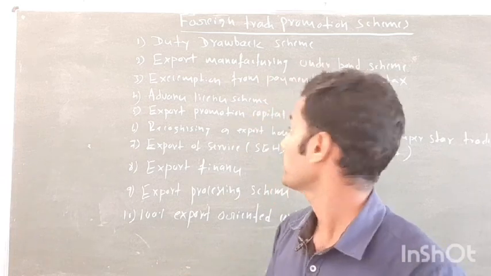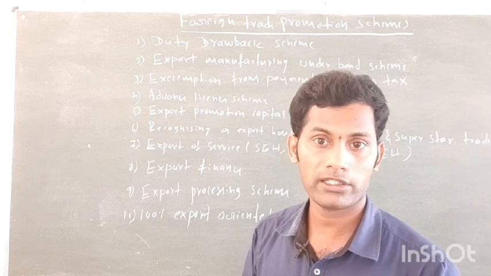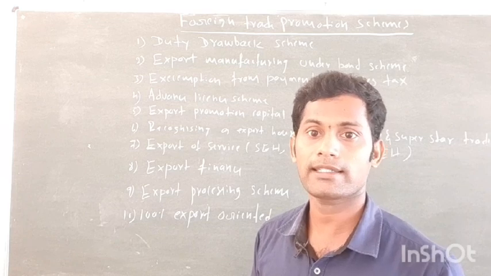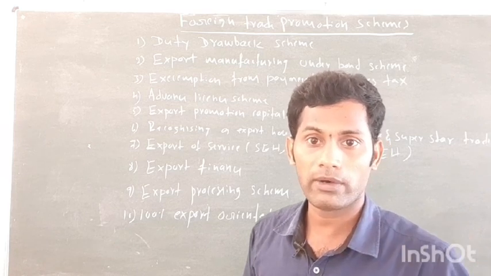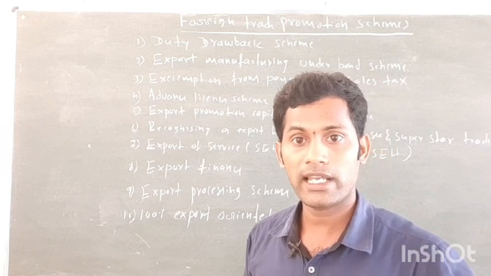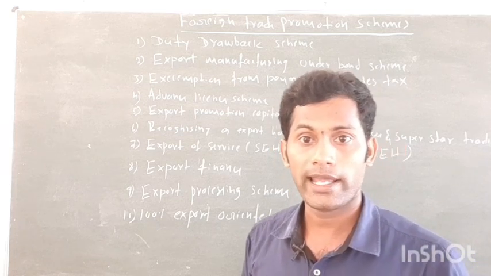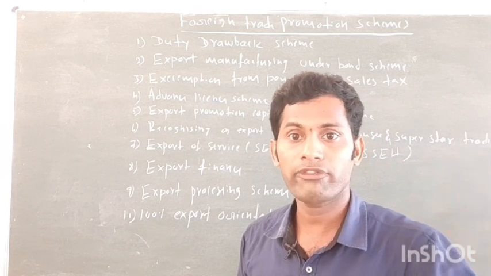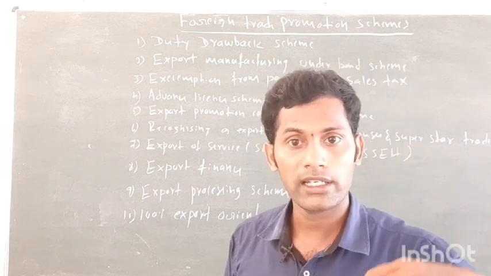First one, duty drawback scheme. Under this scheme, as you know, the exporter has to pay various taxes or excess duty on producing the product in our country. Then after payment of excess duty, the government of India refunds the excess duty or tax to the exporter.